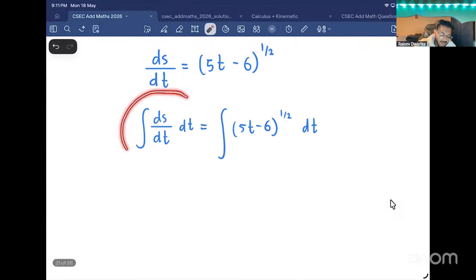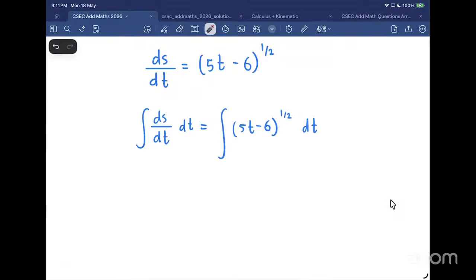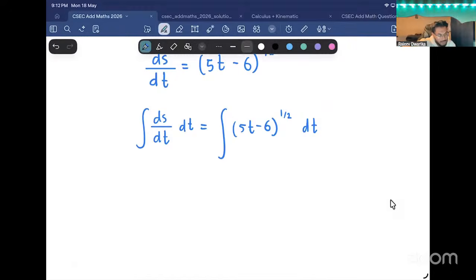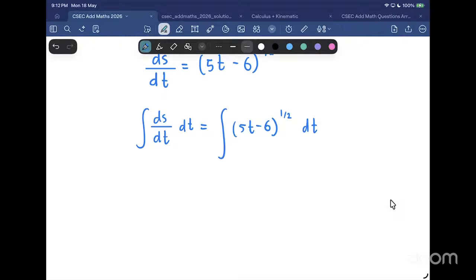So tell me, if I integrate ds dt, what do you think I'm gonna get? It's simpler than you think. Remember, you differentiate to get ds dt, so you integrate to get back what? ds dt means you would have differentiated. So if you undo the differentiation, what would I get?